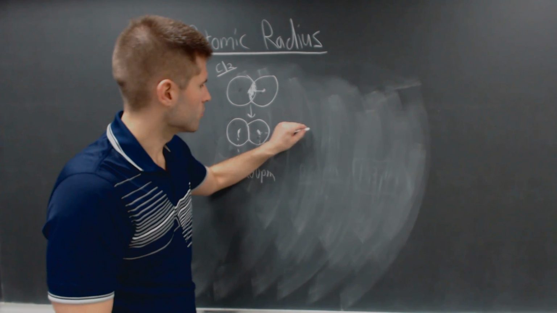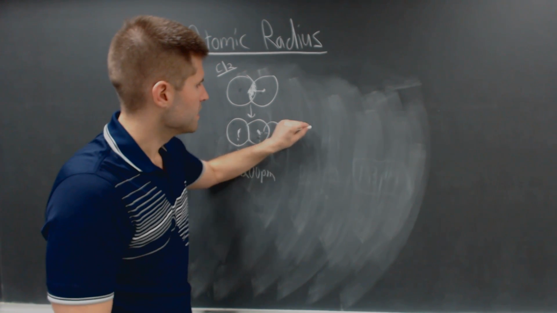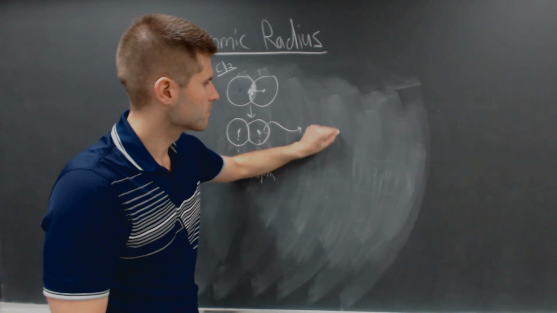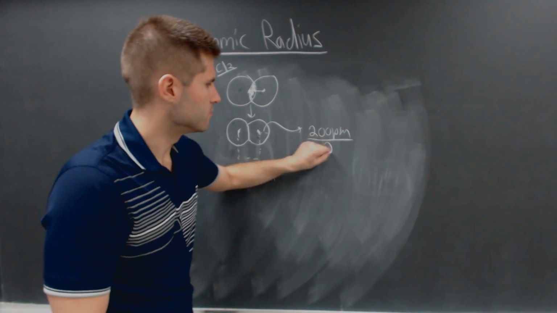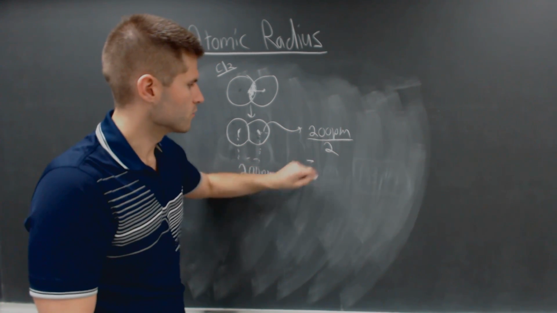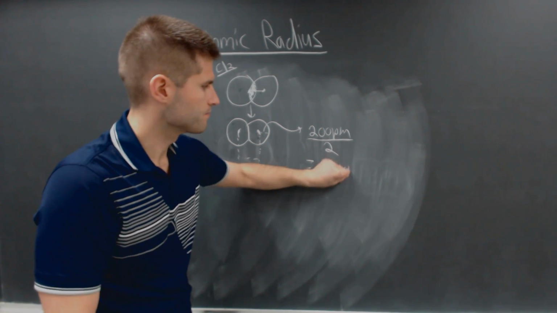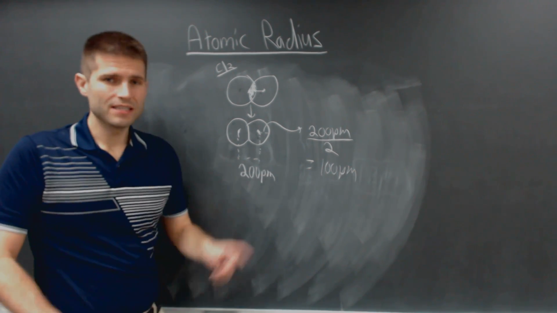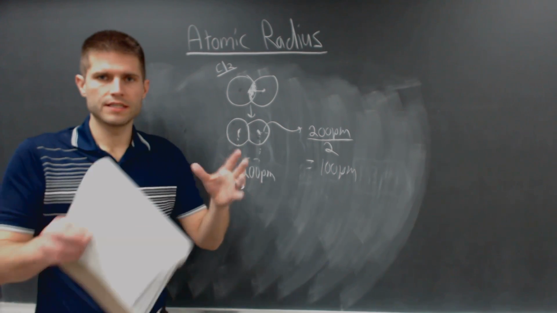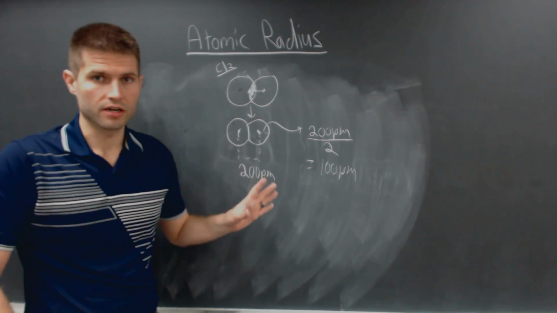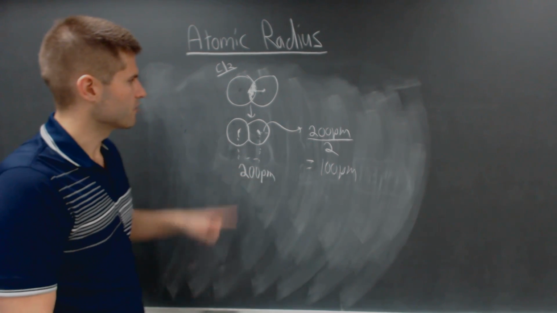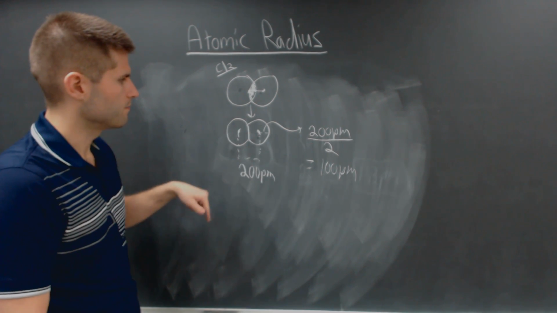We're going to take the total distance between the nuclei, and we're just going to divide by 2. That equals 100 picometers. So really, this is kind of like a fudge factor. We don't really know how much of the electron is being shared and how much is not being shared. So we're going to call this the atomic radius of a covalently bonded system.